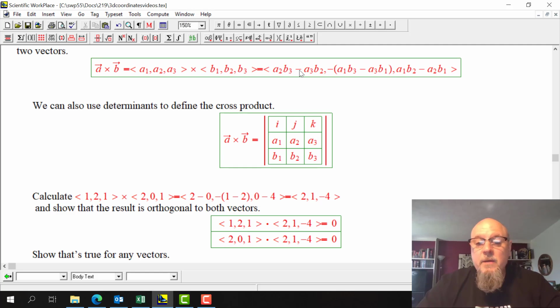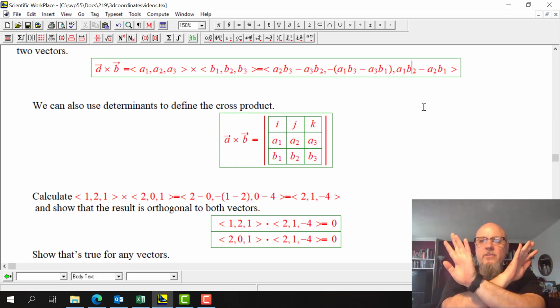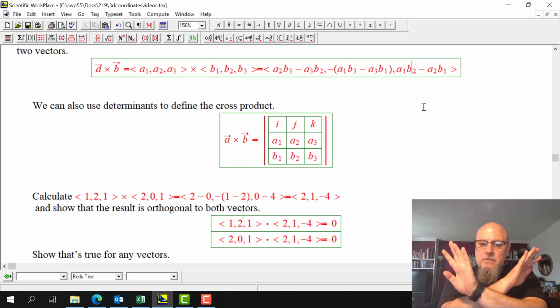So if the A's become B's and the B's become A's, then that term would just be the negative of what it is now. Likewise for all these other pieces. So A cross B and B cross A are just the negative of each other.